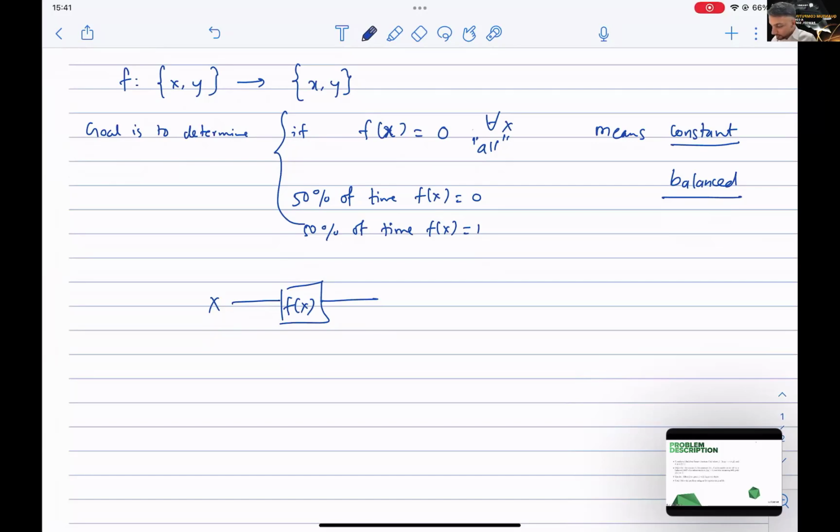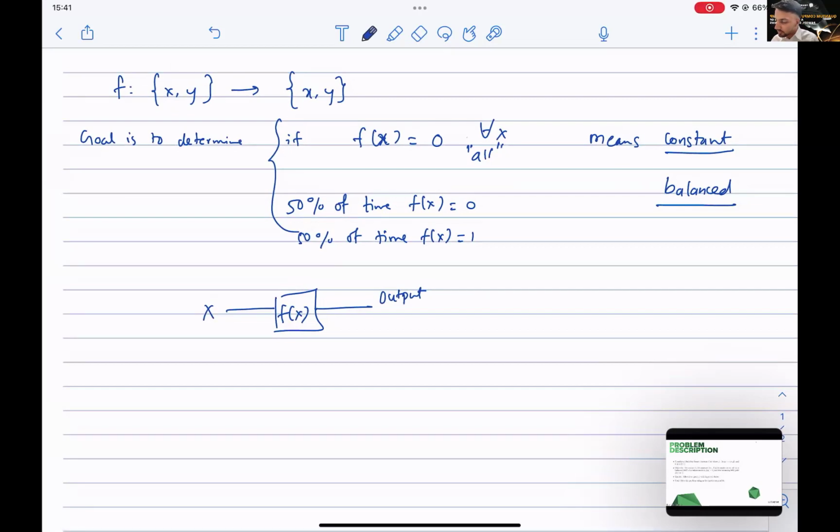And so you have your output. You are promised, by the way, that this function is either constant or balanced. So the promise is that this is a Boolean function, and you are also promised that f(x) is either constant or balanced.